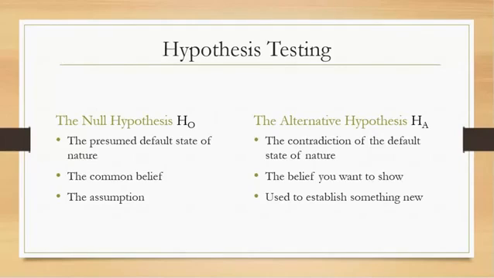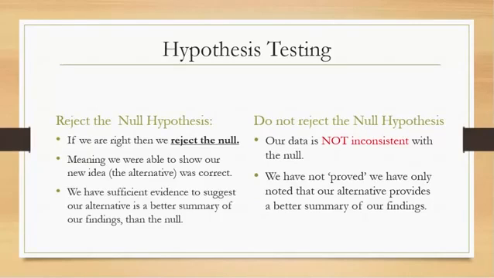So this is what we're trying to test and show, that this actually works better than that, and it is indeed what you're trying to show in your study, because in many cases we're trying to establish that something is actually new and different and works better this way than the previous way.